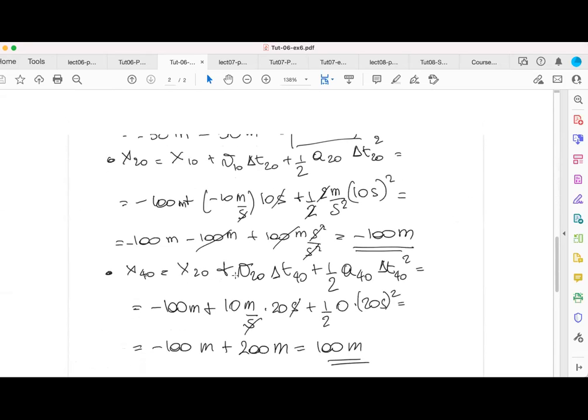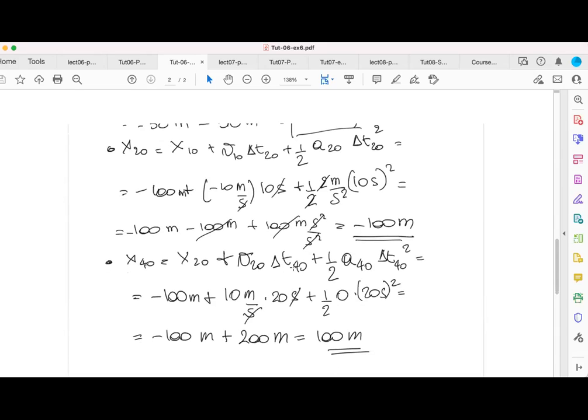So the position at 10, plus the velocity at 10, delta t between 10 and 20, plus 1/2 the acceleration between 10 and 20, delta t between 10 and 20 to the square.